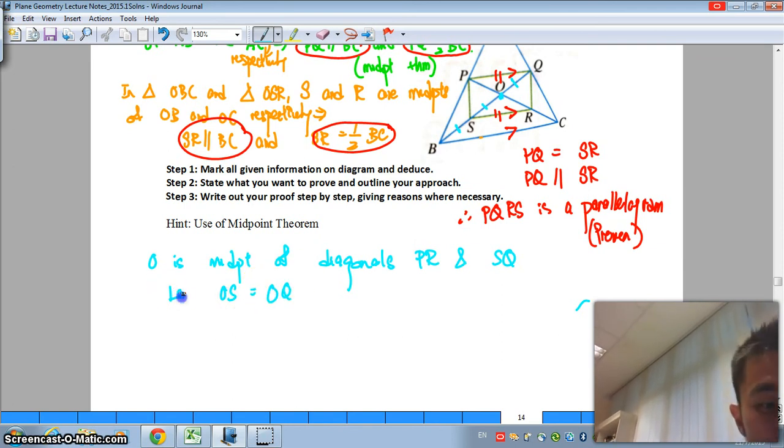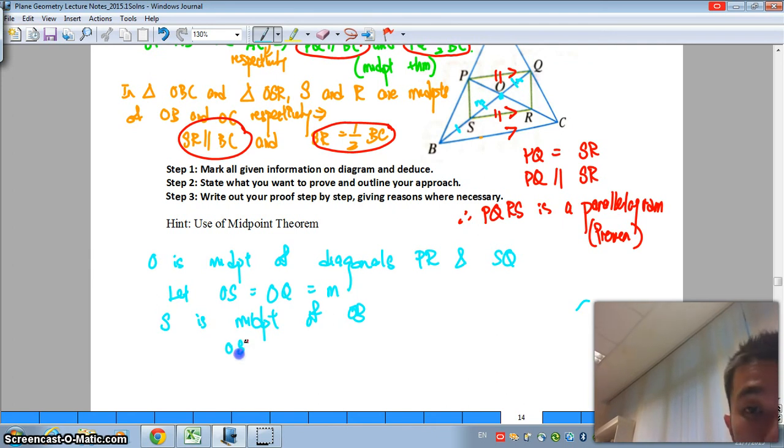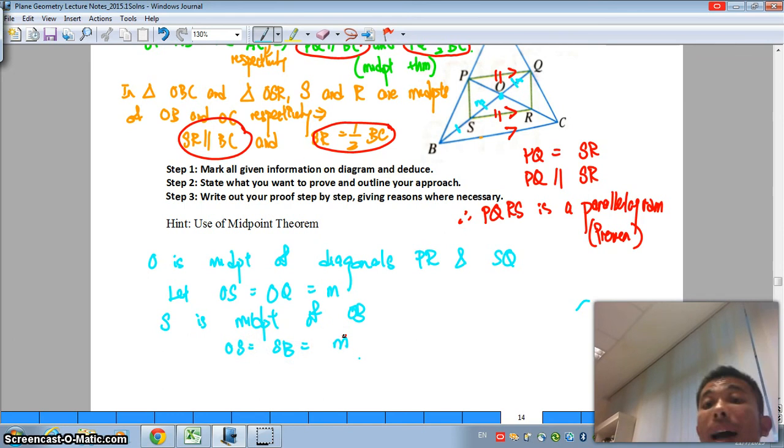Let OS equal to OQ be the length M. In this case, S is also the midpoint of OB. Since S is the midpoint of OB, OS must be equal to SB, and in this case must be equal to M as well.